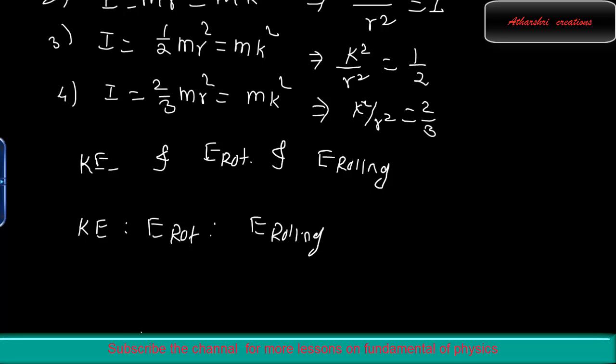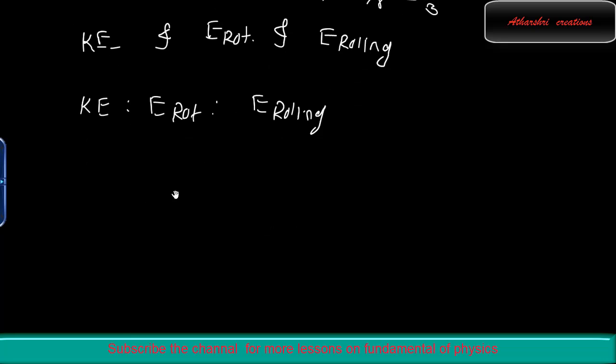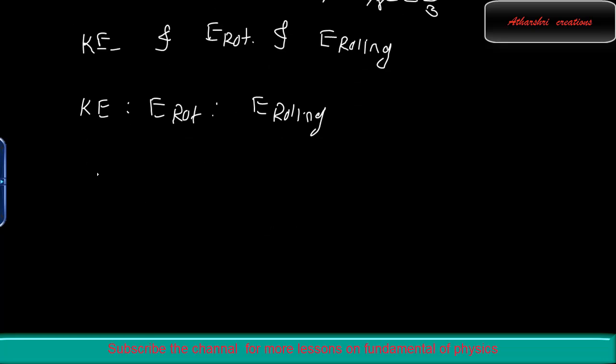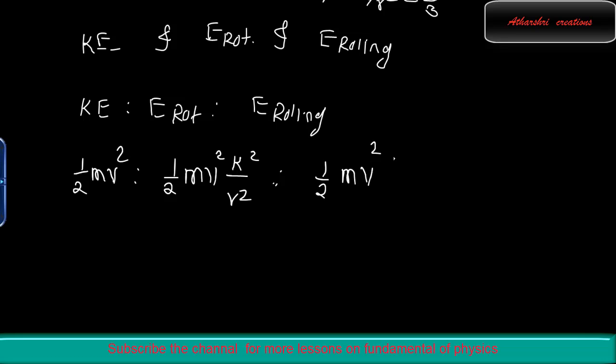Now see, if we substitute the values of these energies, we get half of mv square is to half of mv square k square divided by r square is to 1/2 m v square into 1 plus k square divided by r square.